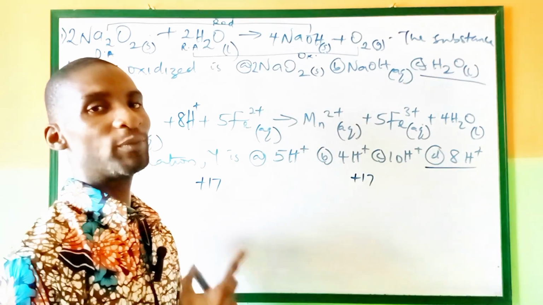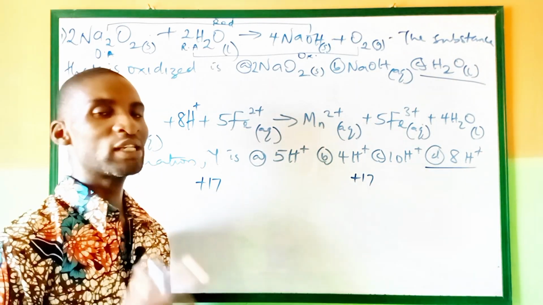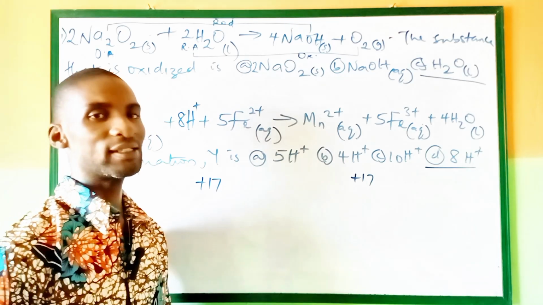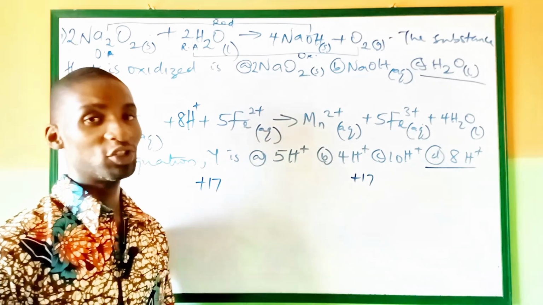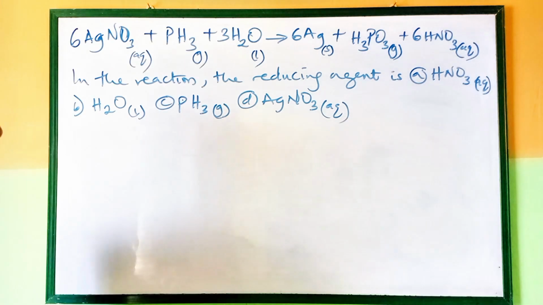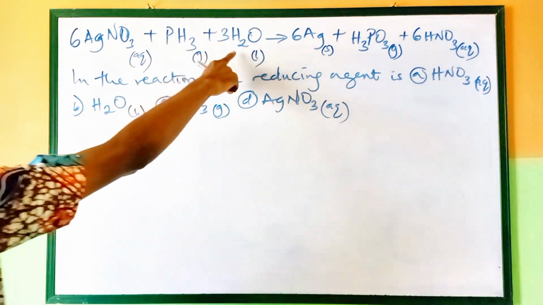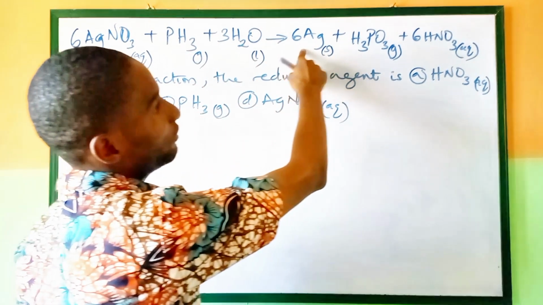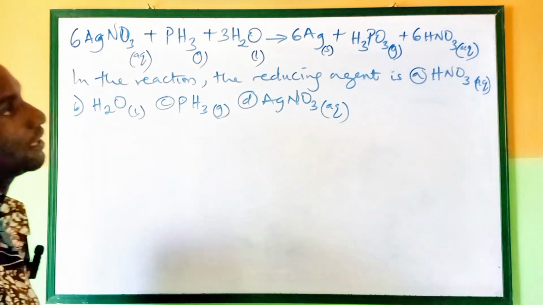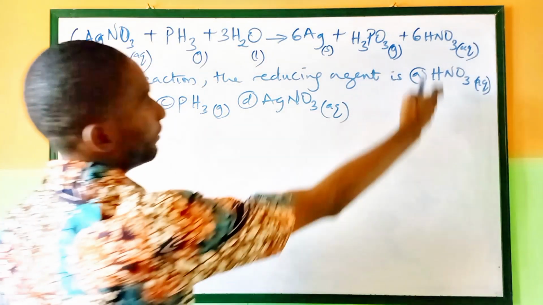Now I'm going to drop a final question for you. I want you to solve it. Go to the comment section and drop your answers there, and I will be back to check. So here's the question. You have silver nitrate, silver trioxonitrate 5, reacting with PH3, reacting with water to give you silver, H3PO3, then 6 HNO3, trioxonitrate 5 acid.